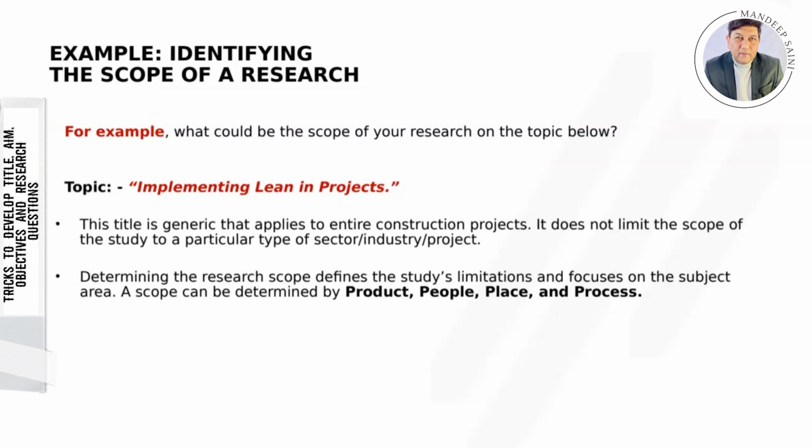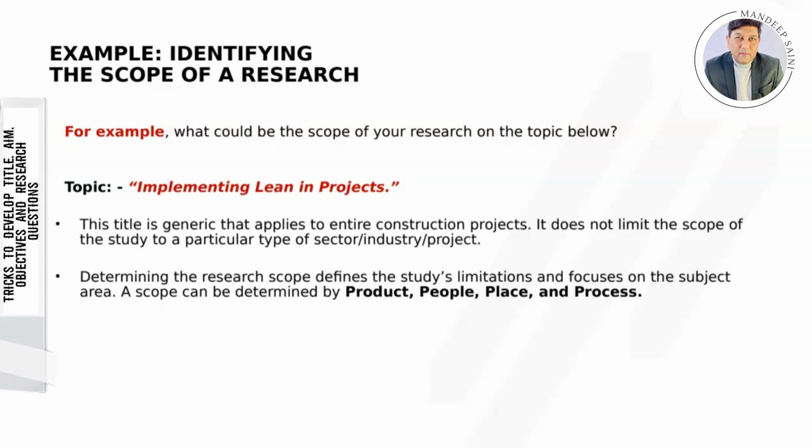So we need to think about the final product, how the final product will look. What will the reader take from your research, and how can they use that in their organization or in their life or whatever they are doing. So we need to think about all these things.